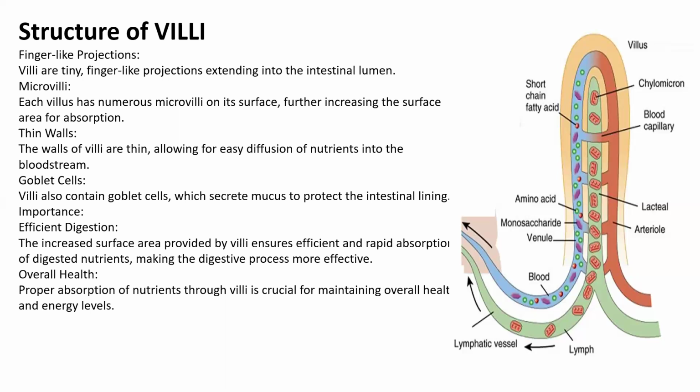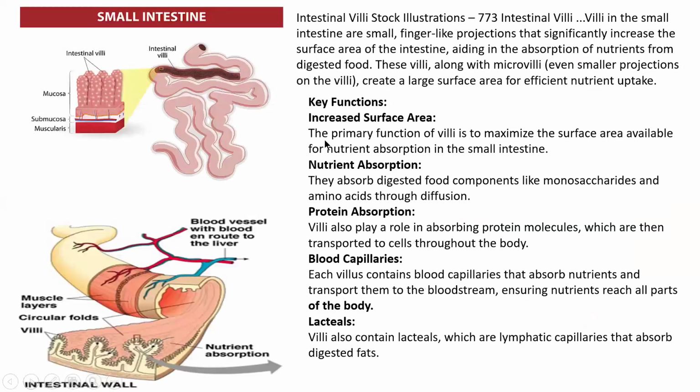Villi increase the surface area for efficient, rapid absorption of digested nutrients. So villi play a very important role in maintaining your health and energy levels. Villi increase surface area, nutrient absorption, and protein absorption.